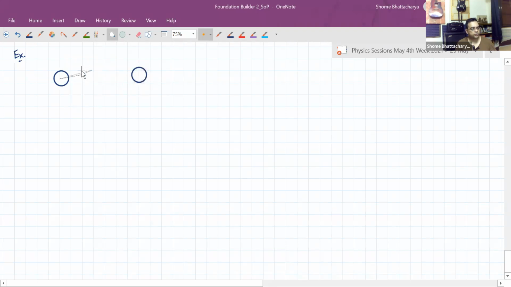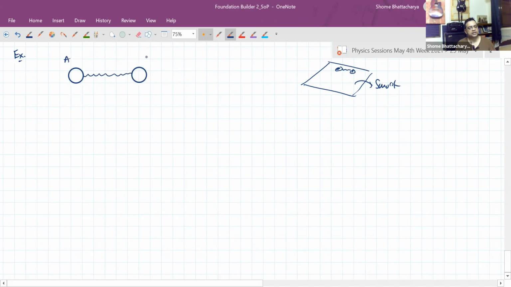So they are joined together by a thread, and this is the top view of the carom board table. So the actual situation is more like this, that this is a smooth horizontal surface on which these two are lying. Now they're joined together by a thread which is initially slacked like this.